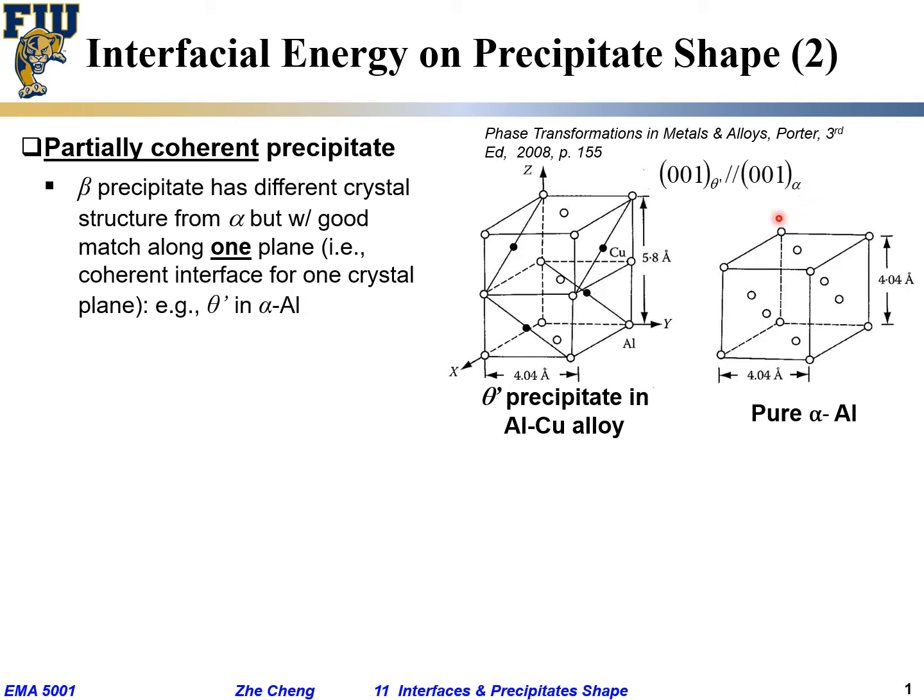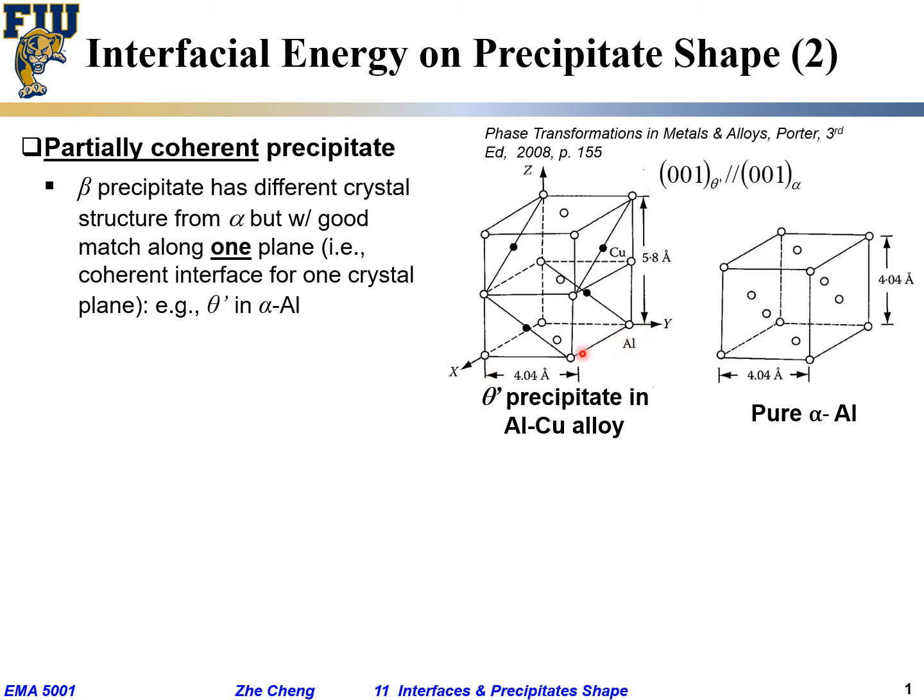If this is my 100 direction x, this is y, this is z, the 001 plane is just the base plane, right? The bottom base plane or the top plane. They will look exactly the same packing. Make sense? With the same length.